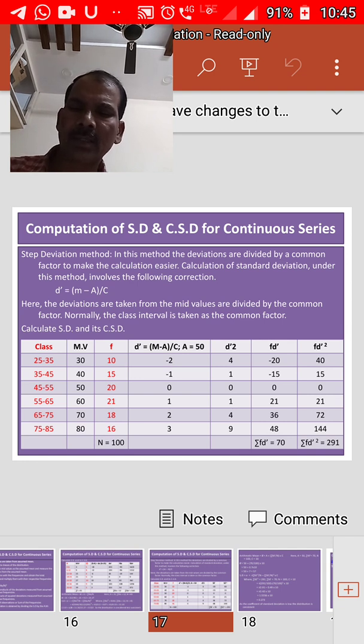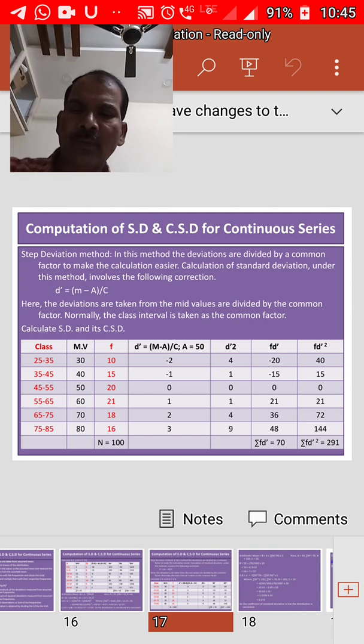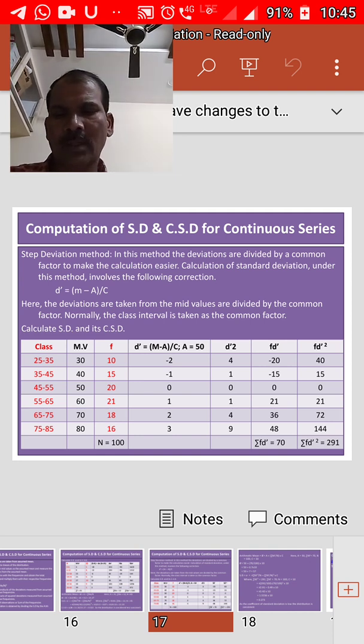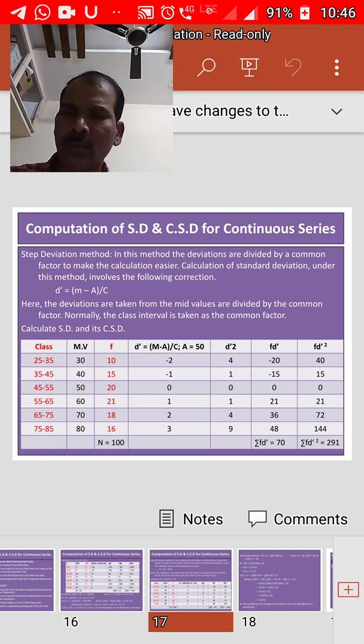Mid value is 30, minus assumed mean 50, 30 minus 50 is equal to minus 20, by common factor 10, hence you will get minus 2.